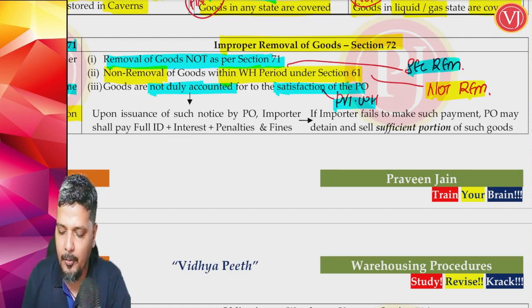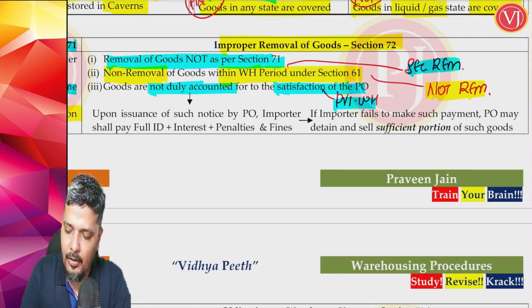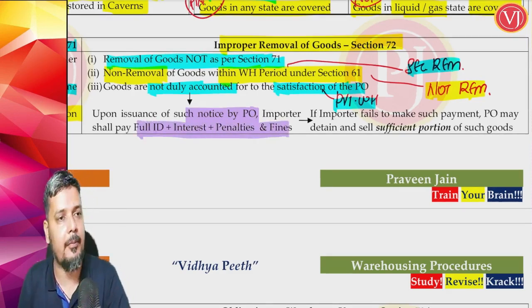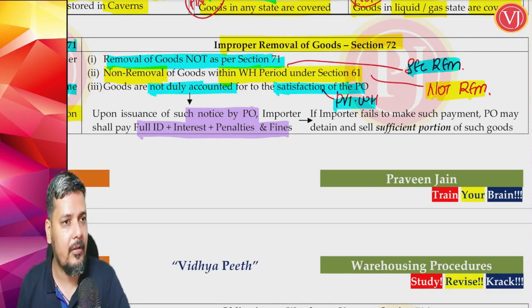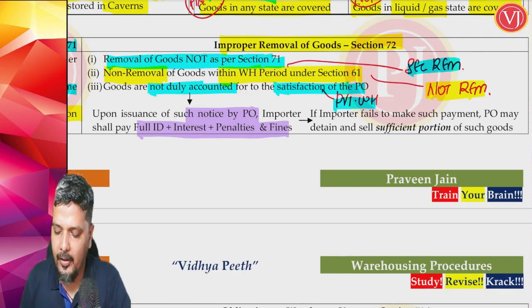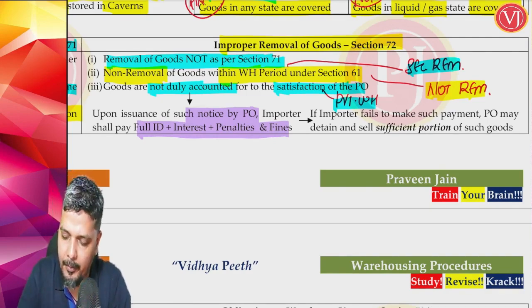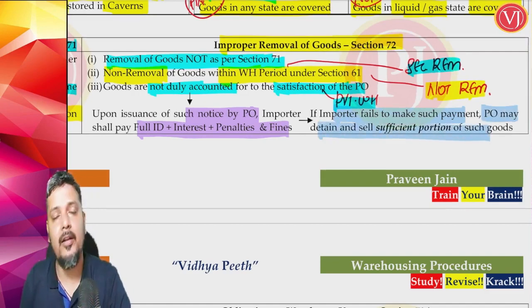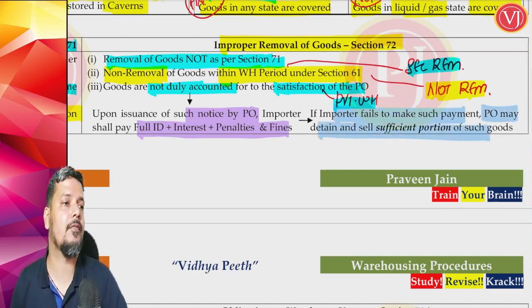If any of the above happens, proper officer will give a notice. Importer is required to pay the duty with interest and penalties and fines. Basically, import duty with interest, and if required, penalty and fine. If payment is not made, then proper officer will sell sufficient portion of the goods.